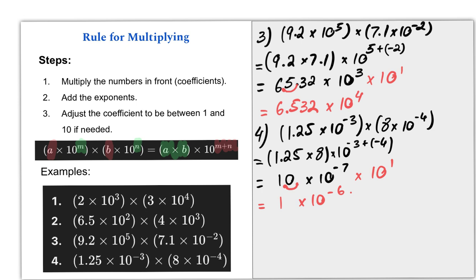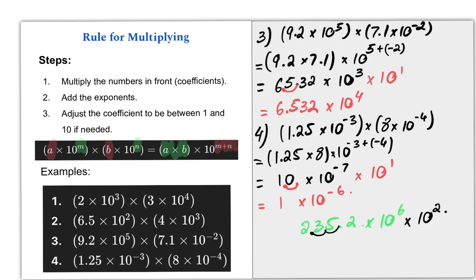For instance, hypothetically, if I had 235.2 times 10 to the 6th power, and I have to move my decimal point 2 times, that means I have to multiply by 10 to the 2nd power.